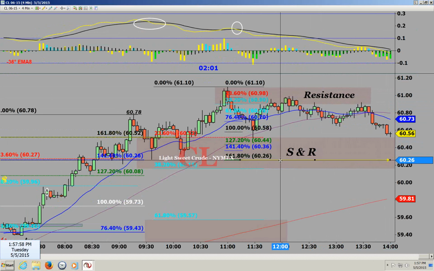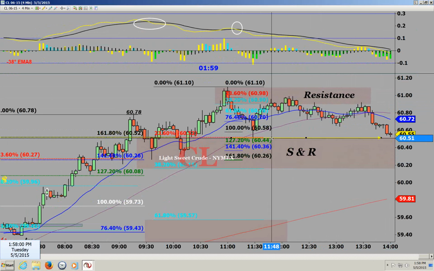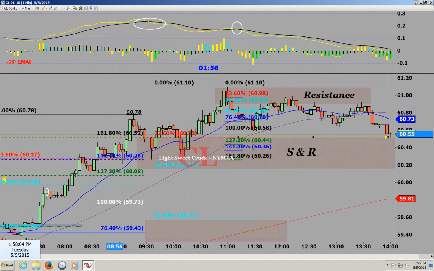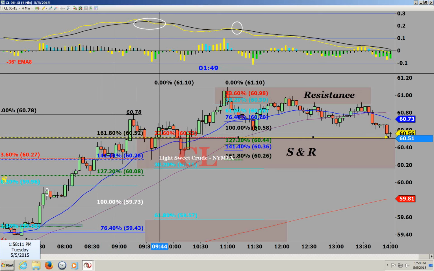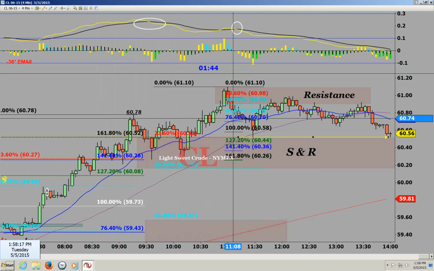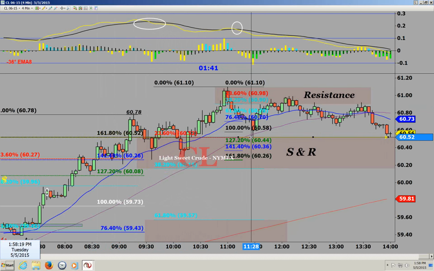Now, our prior target, which was reached earlier, was 60.52. You can see it in black here at your 161.8% at 60.52. In red here at your 23 is 60.52. And here the market came to 60.51.